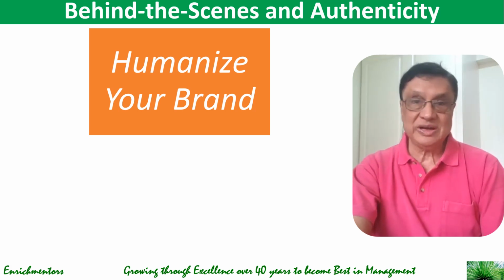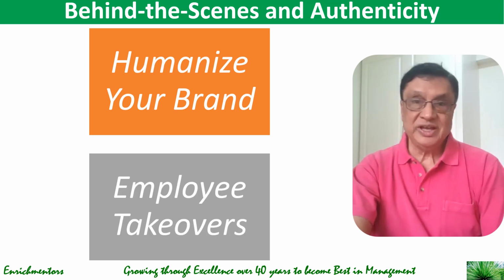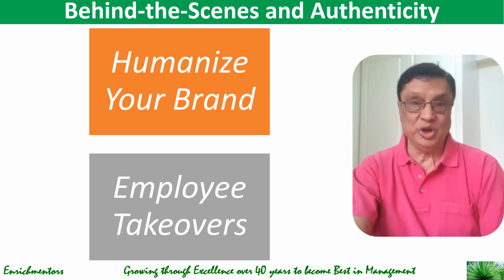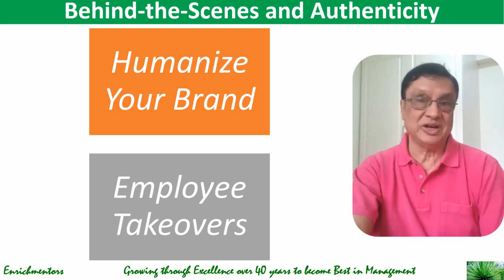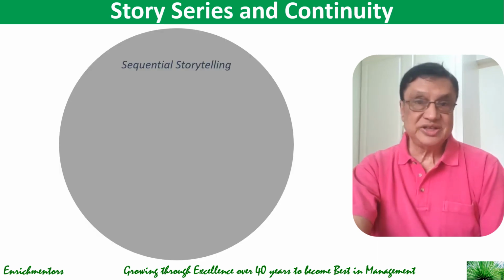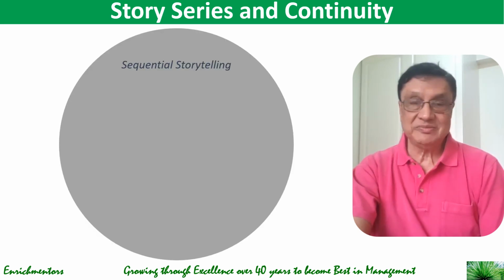Do something called an employee takeover, where you allow employees to take over your account for a day to provide a different perspective. People get something new altogether, and your employees love you for that also. Use a series of stories and use continuity. Sequential storytelling is another way to do that.